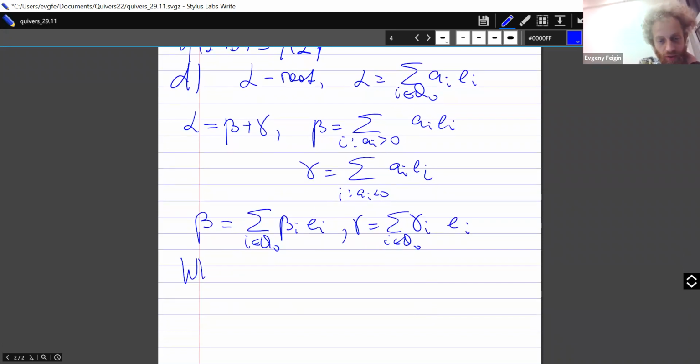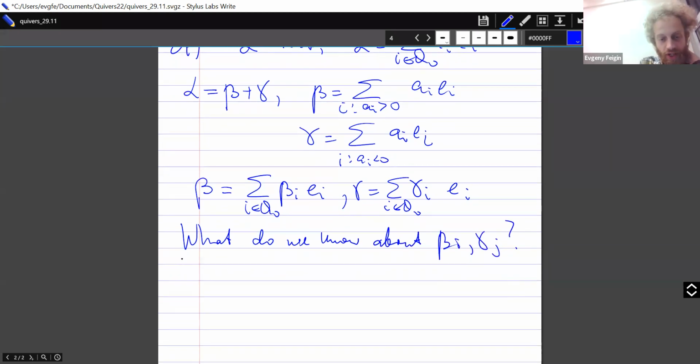So what do we know about beta_i and gamma_j? Actually, I want to say something about the scalar product of beta and gamma. Can you tell me what we know about that?